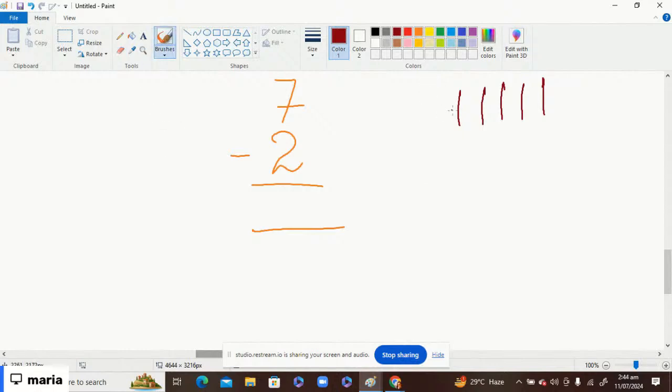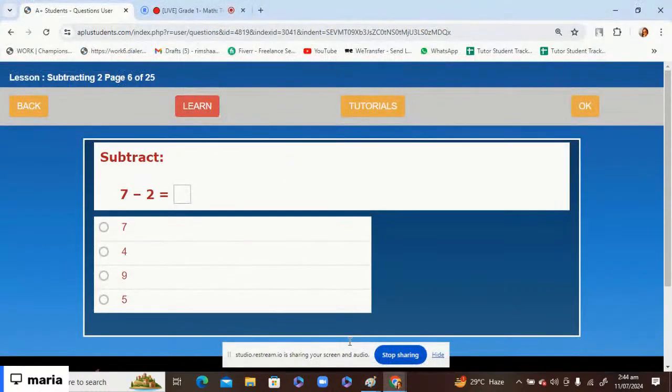Now count the remaining lines. It's 1, 2, 3, 4, and 5. So firstly, how many total lines? That is 7. How many lines do you remove? Only 2 lines we remove. And then how many lines are left? That is 5. Let's check, is there any option for 5? Yes, the last one.